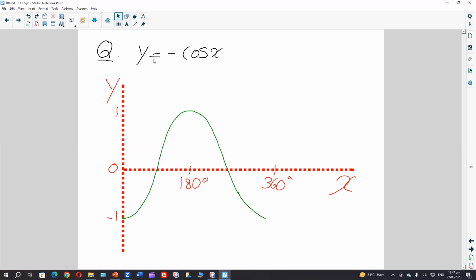Now this is minus cos x. See carefully, minus cos x means flip the function of cos in the x-axis. You have to copy this sketch again neatly. Okay, I'll just copy this.